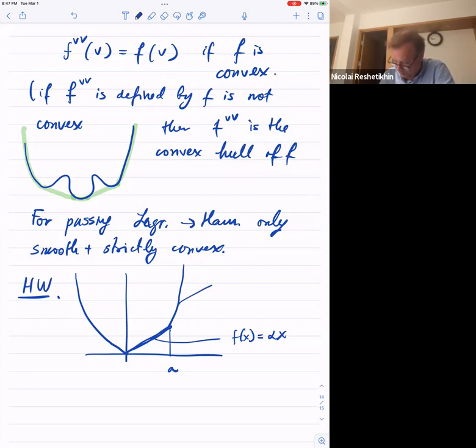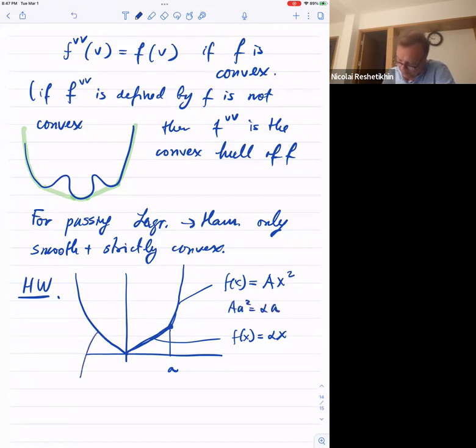Here it's a x squared for the appropriate value of a, so that the function will be continuous here. So a squared equals alpha a.